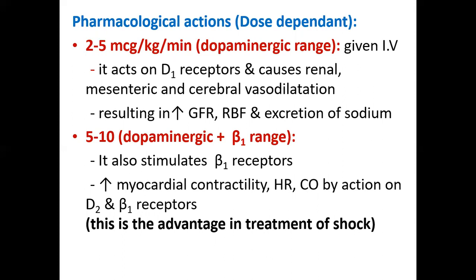So as I have told you, dopamine has dose-dependent actions. As you keep increasing the dose, its action also varies. At a dose of 2 to 2.5, it has dopaminergic action. At a dose of 5 to 10, it has dopaminergic as well as beta 1 actions.